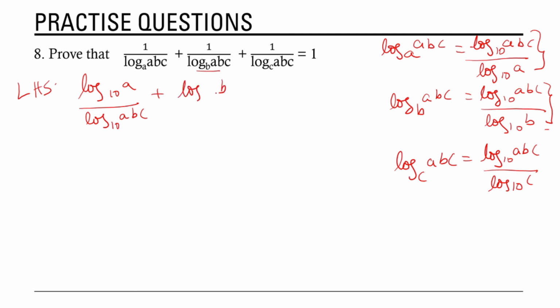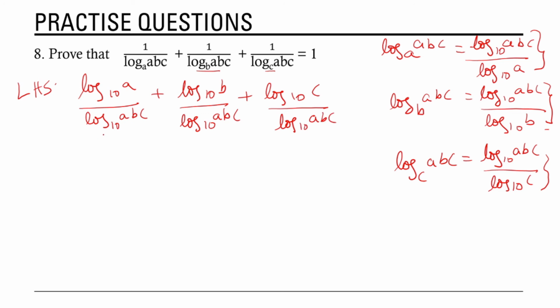Log B to the base 10 divided by log ABC to the base 10 plus. Next term is 1 divided by log ABC to the base C. So, I am writing the reciprocal of this term. It is plus log C to the base 10 divided by log ABC to the base 10.